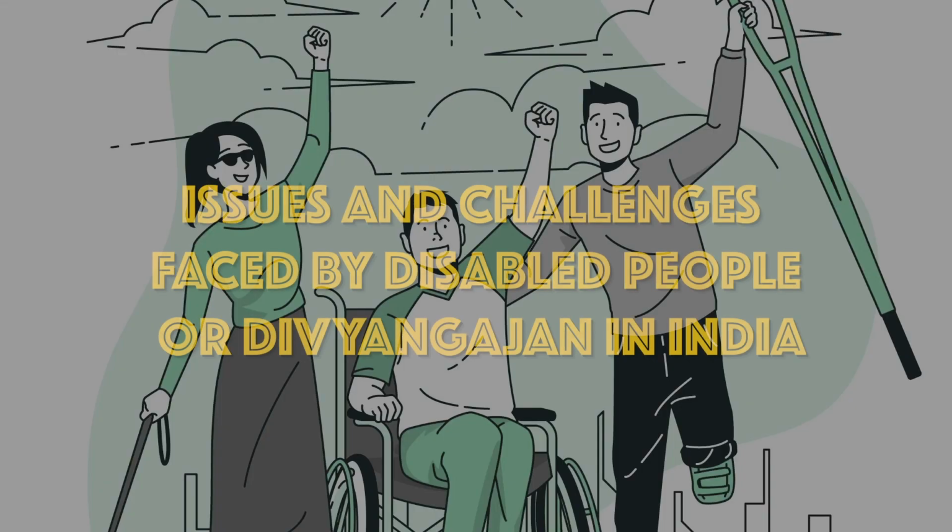The disabled population in India faces numerous issues and challenges, ranging from societal attitudes to lack of accessibility and inadequate policy frameworks. Let us now discuss some of the key challenges and issues faced by disabled individuals in India.